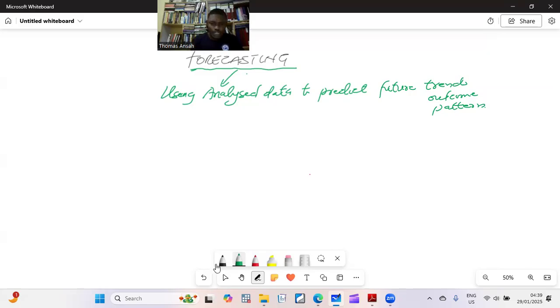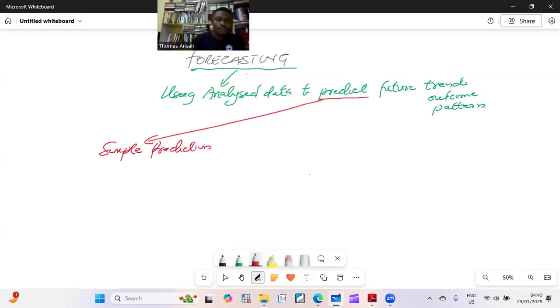Now, when you are doing that, there are two main ways of going about your future prediction. We have the simple prediction. When I mean simple prediction, this is where people just sit in their office and say, "Our revenue will increase by 5%."